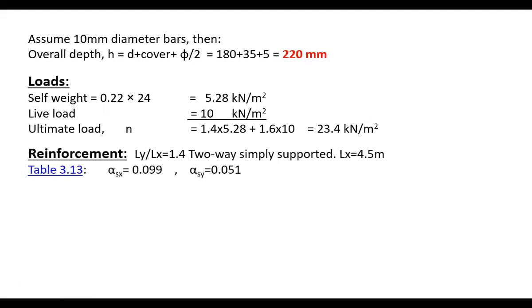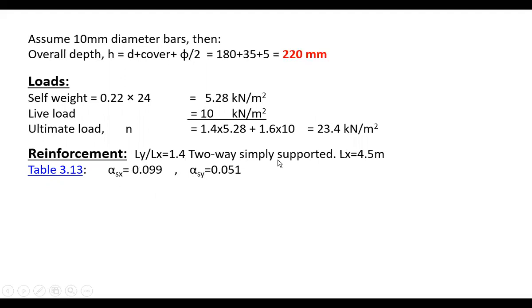calculating the reinforcement. And to do this, we need to find the bending moments in the short direction and in the long direction. So to do that, from table 313, we have to find some factors, alpha Sx and alpha Sy. To do that, we need the Ly over Lx. It equals 1.4, as we saw in the previous slide.